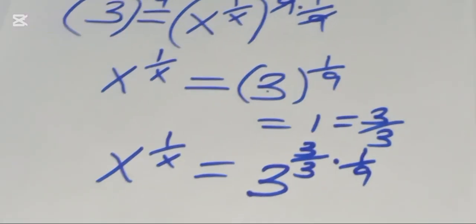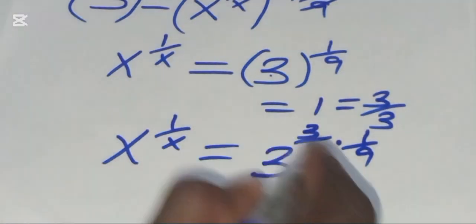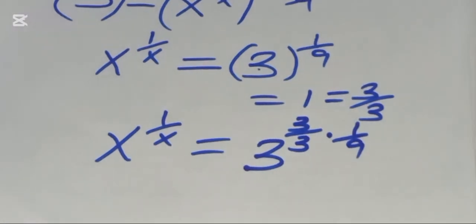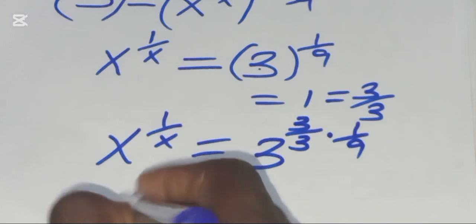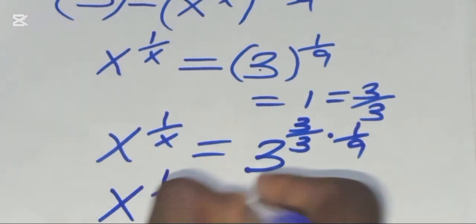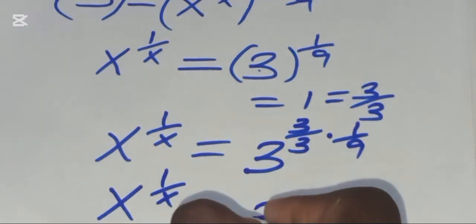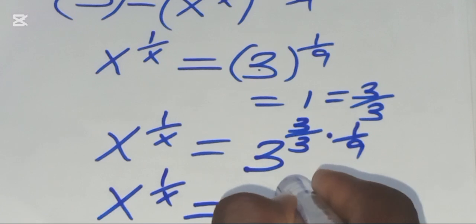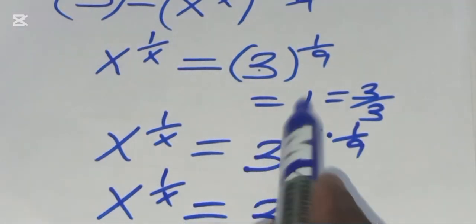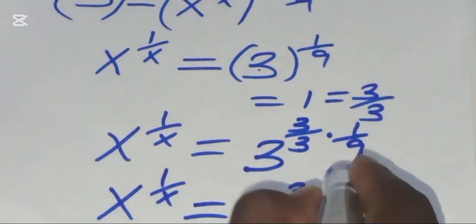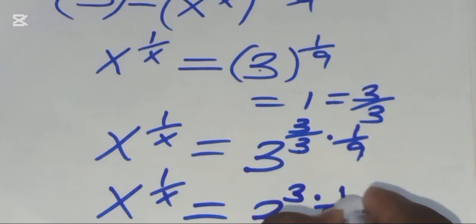Okay. Now from what we have here, this is x to power 1 over x, this is equal to 3 to power 3 multiplied by, now we can multiply 3 times 9, this is the same thing as 1 over 27.